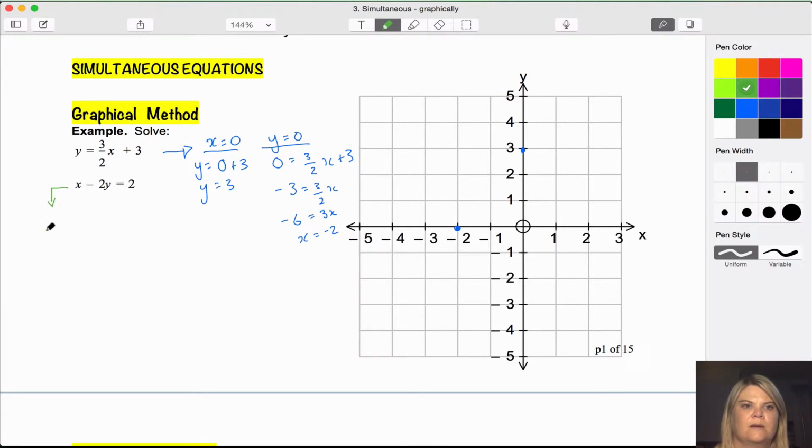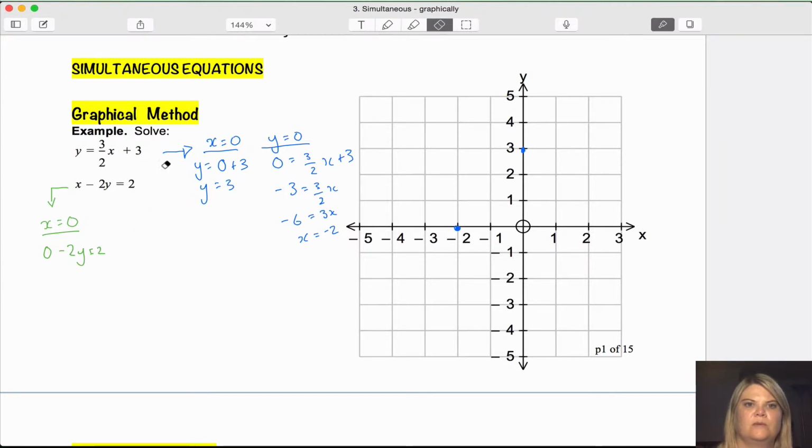Next, x equals 0, y equals 0 to find the intercepts for these two. x equals 0: 0 minus 2y equals 2.